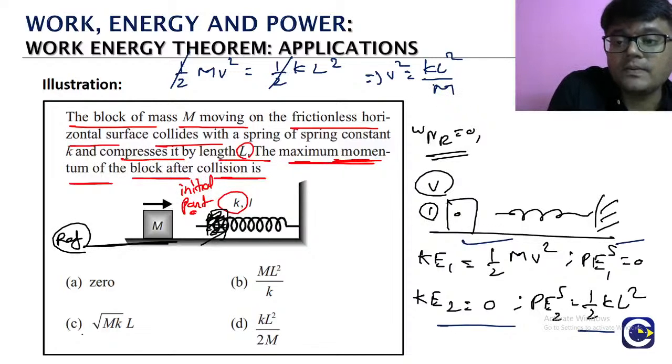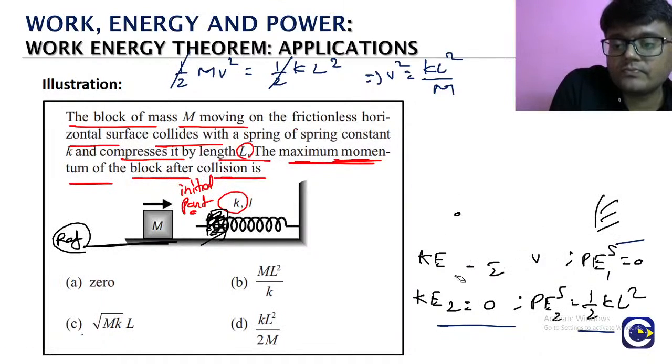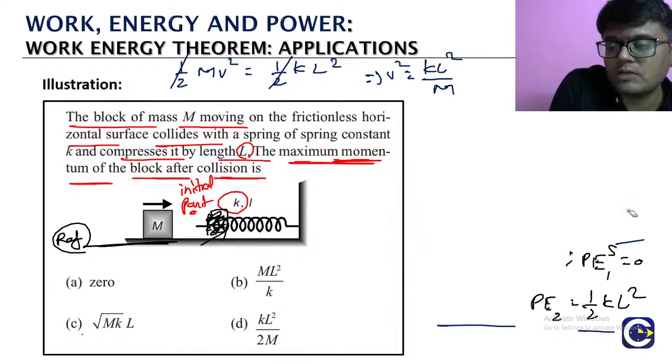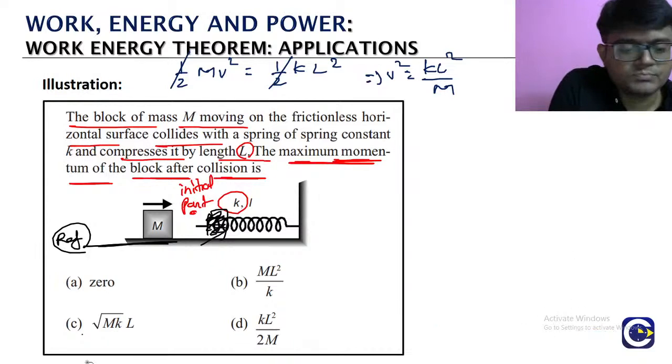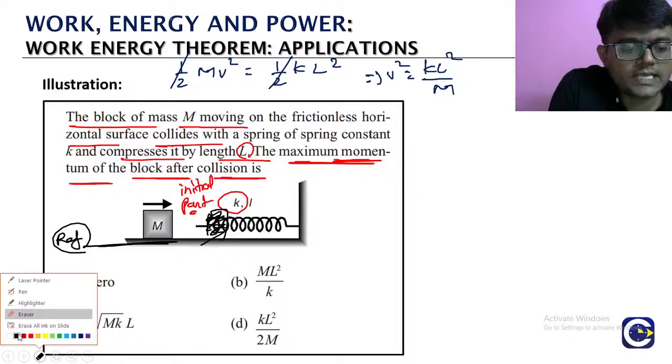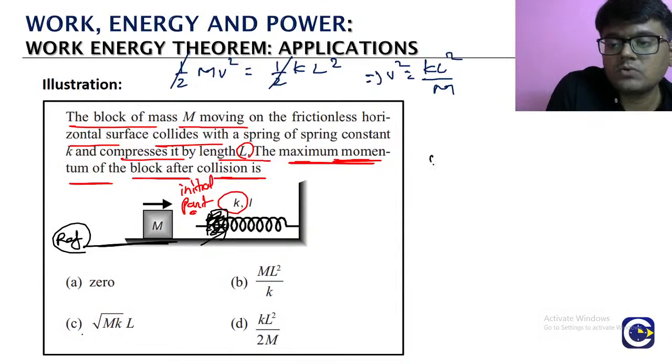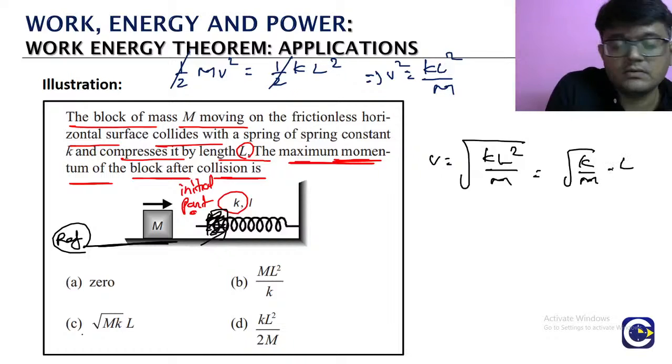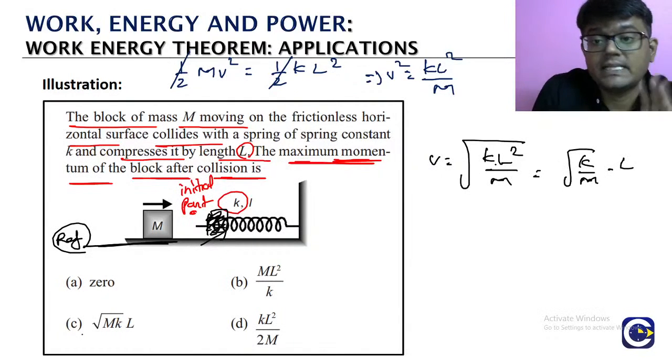We take the square root on both sides, so v will be equal to the root of kL square by m, that is, root k by m into L. The L comes out because it is L square, right?